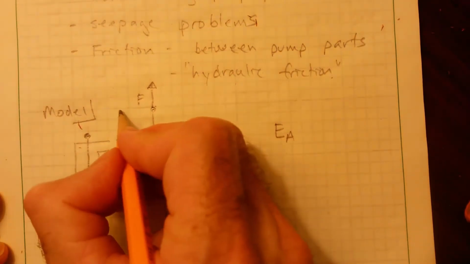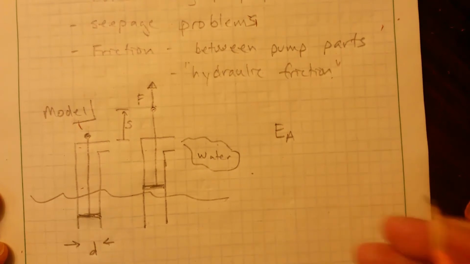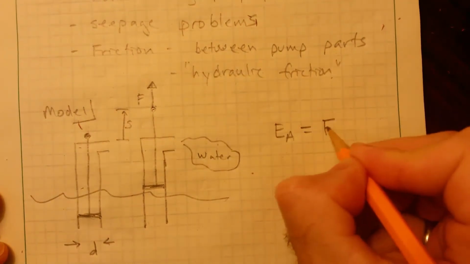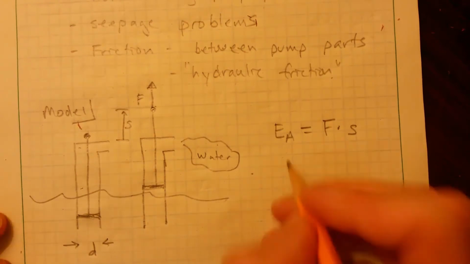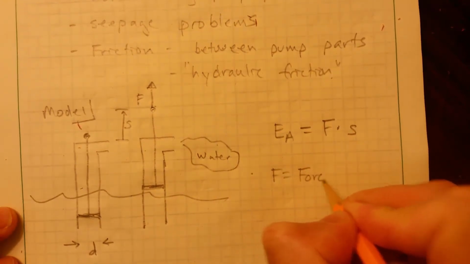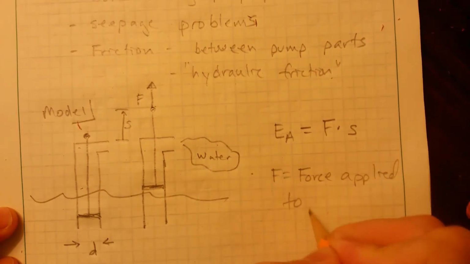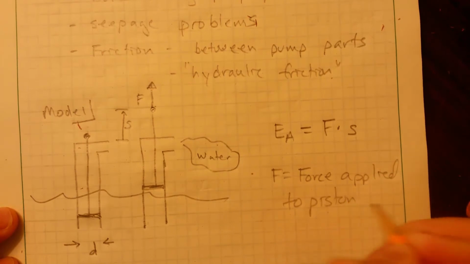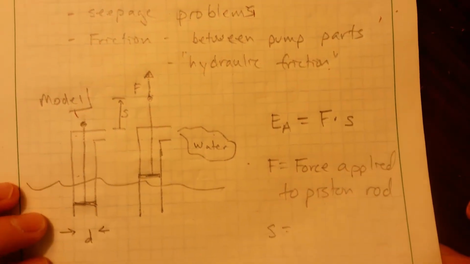If I know that force and the distance that force is moved, I can multiply the force times the distance moved to get the actual energy. So F here is the force applied to the piston rod, and S is still the distance traveled by the piston.